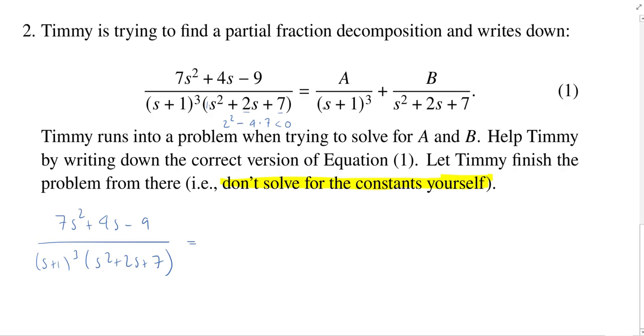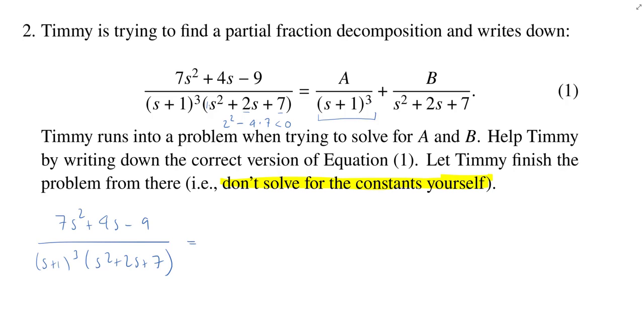And Timmy's mistake, his first mistake anyway, was in not recognizing that the first piece, this s plus 1 cubed, is a repeated linear factor. And he said, well, it only occurs once, s plus 1. Yeah, it's repeated, though, because it's cubed. It's really s plus 1 times s plus 1 times s plus 1.